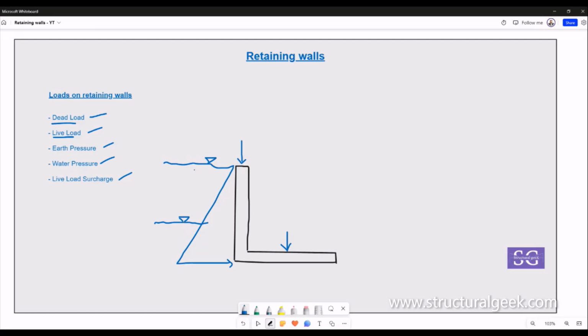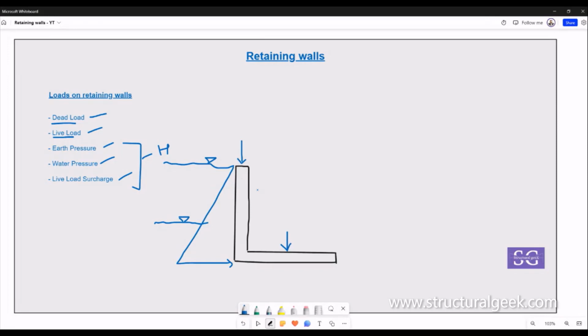Then also the live load surcharge: whatever live load we are getting at this location, the horizontal component of that live load needs to be applied onto the retaining wall. So basically these three loads are horizontal loads, and they are destabilizing the retaining wall, taking it away from its position and trying to move it away, whereas the vertical load, which is dead load, actually helps to stabilize the structure. So overall stability of the retaining wall works like that.